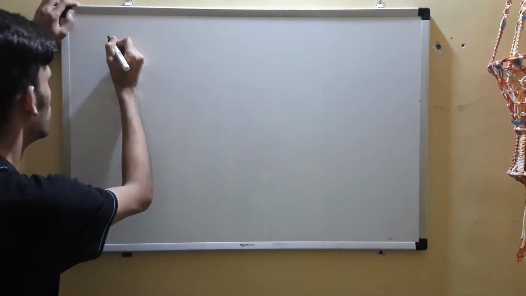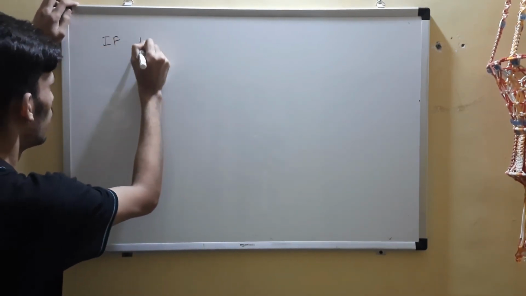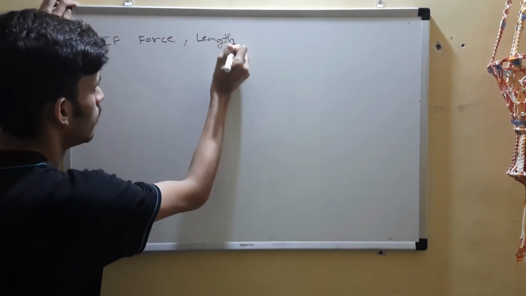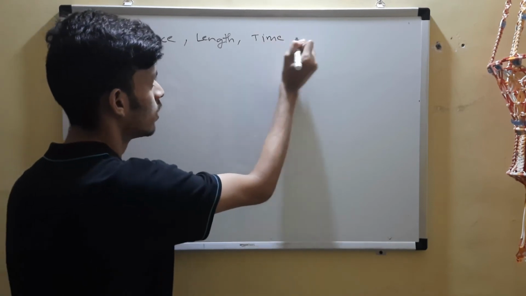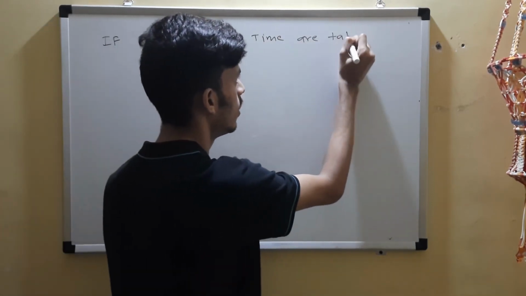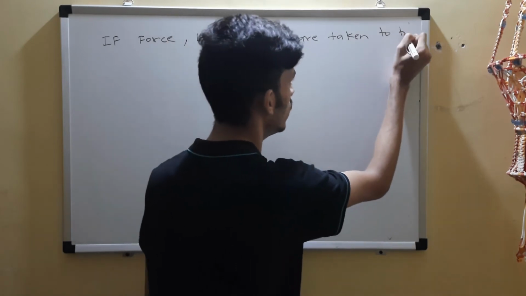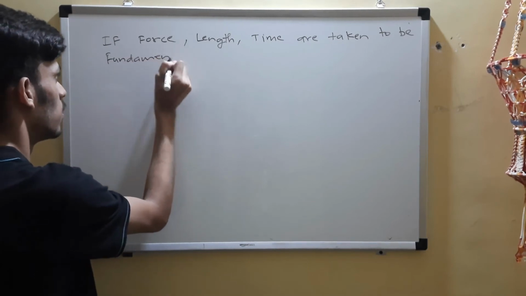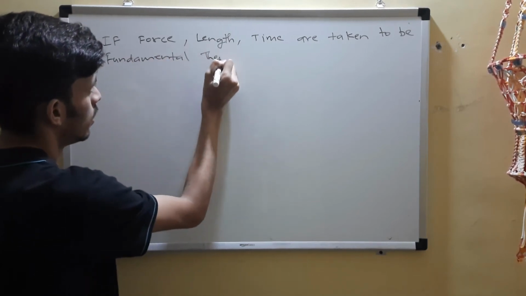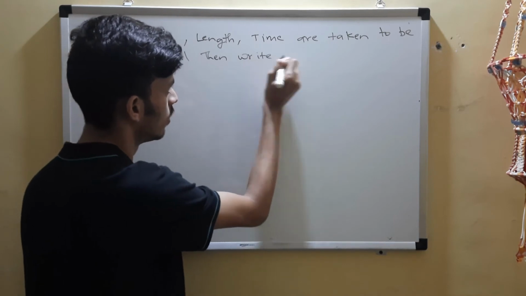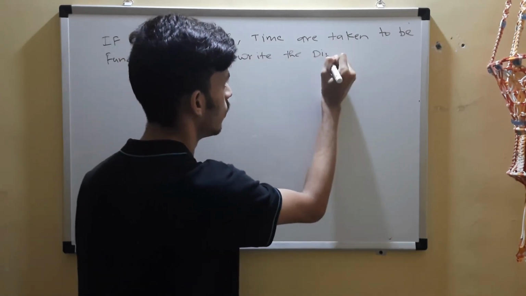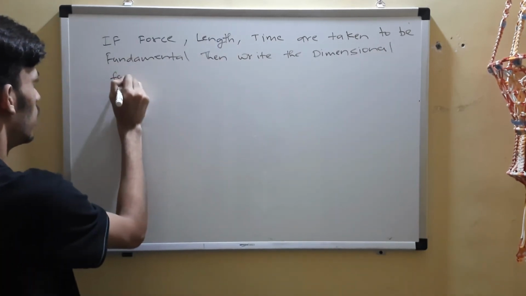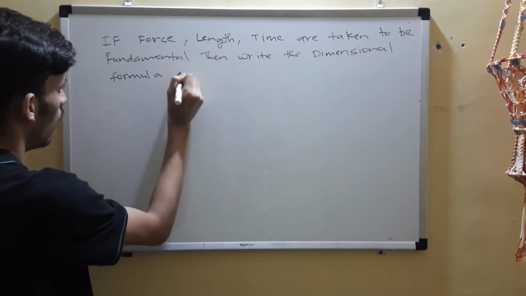It goes this way: if force, length, time are taken to be fundamental, then write the dimensional formula of density.